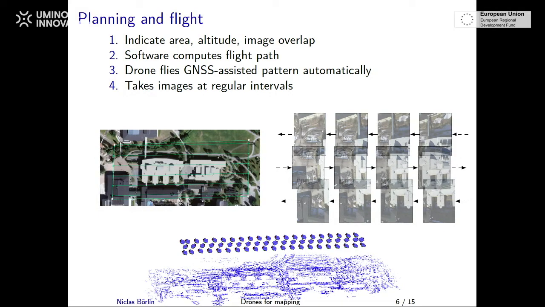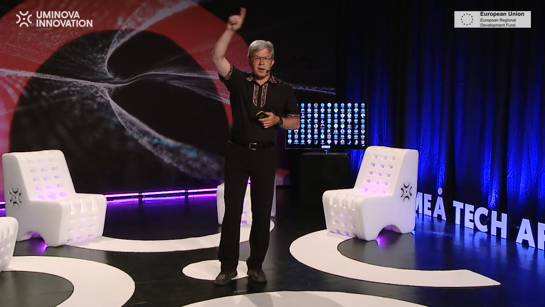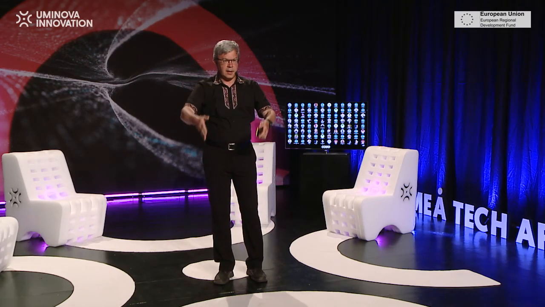The software computes the optimal flying path, typically in a zigzag pattern, like this. And then you upload the flight plan to the drone, which flies and takes the images by itself, and then comes back and lands.